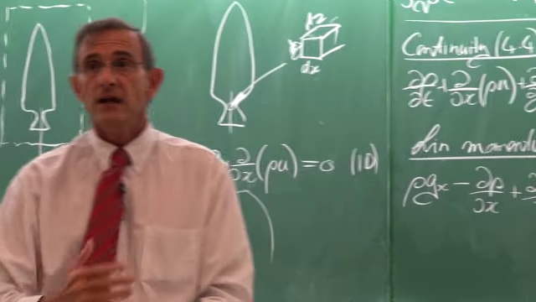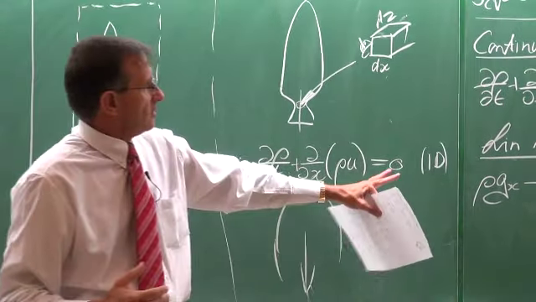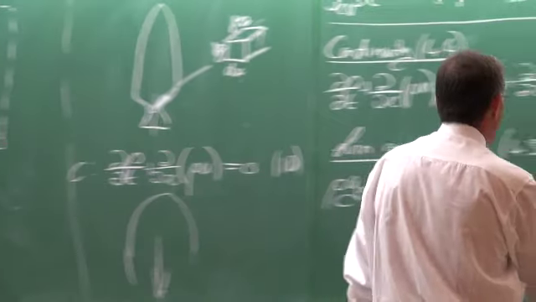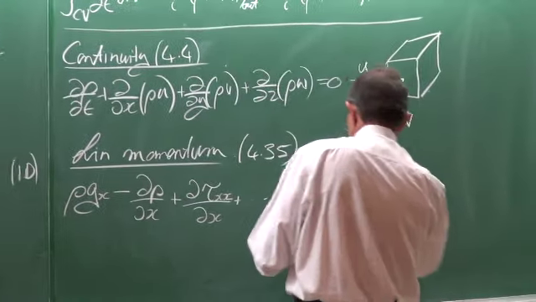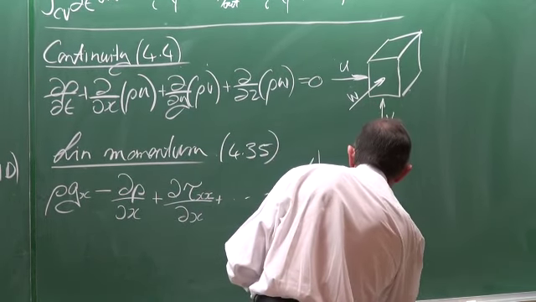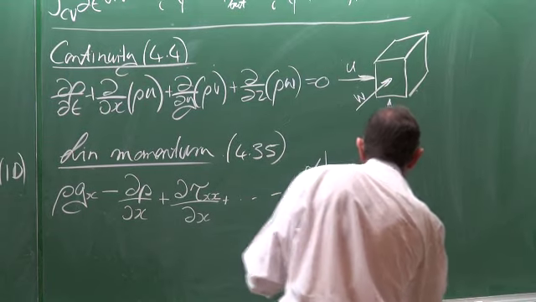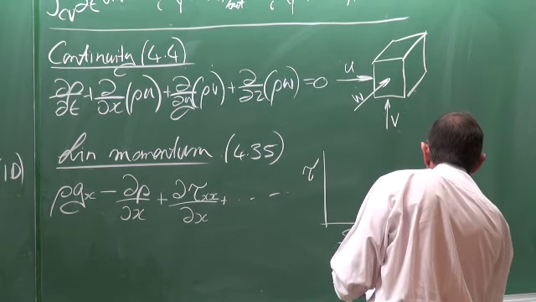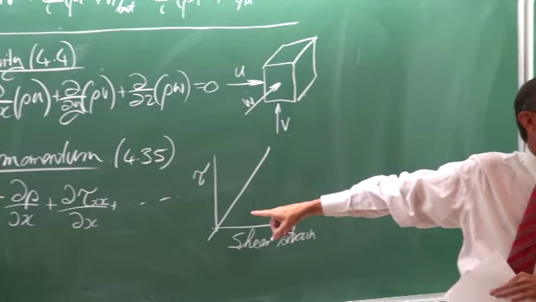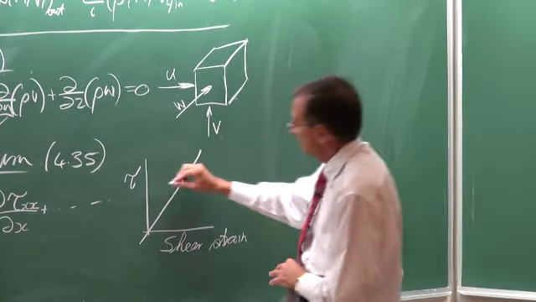Then we make a very, very important assumption, because this equation is difficult to work with. Okay. We make the assumption that for the fluid, the shear stress is linear in terms of the shear strain. And you've done that also. And if that is linear, we call it a Newtonian fluid. Remember that?